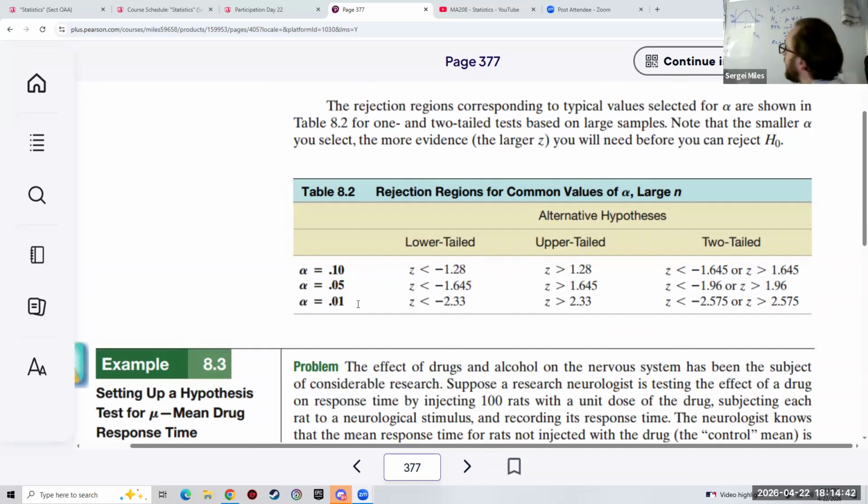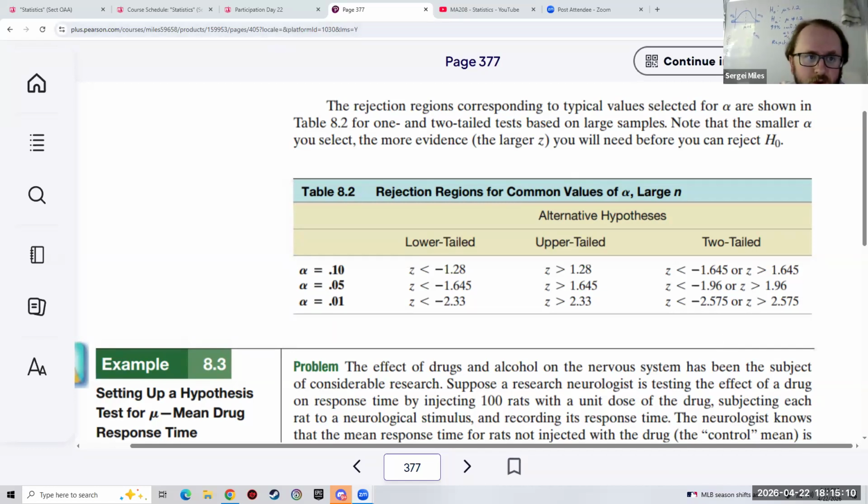Here we're dealing with a 99% confidence as a two-tailed test, and so my rejection region is, well, is my z value, whether it's positive or negative, beyond 2.575? In other words, is the absolute value of z from my sample data greater than 2.575?